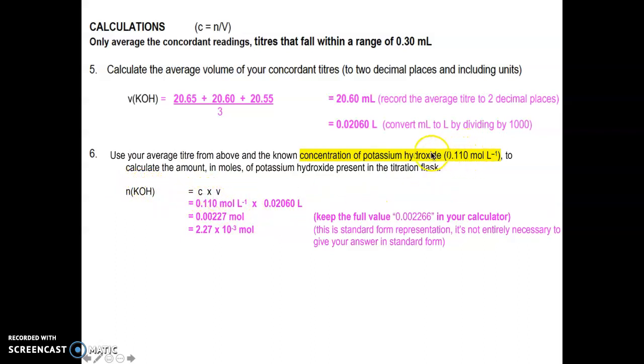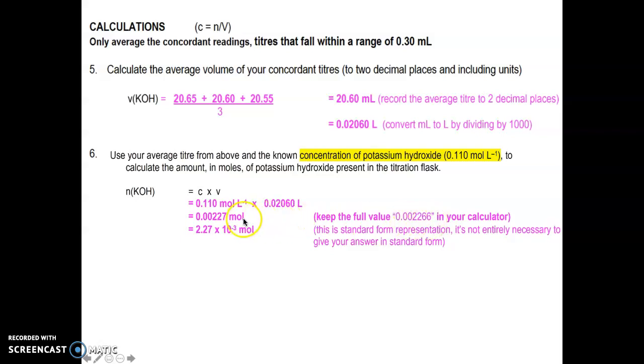We are using the concentration provided, and we're using the volume of the potassium hydroxide, which is the average of the titer values. Remember, the potassium hydroxide was in the burette. Your calculator will actually give you a value of 0.002266.